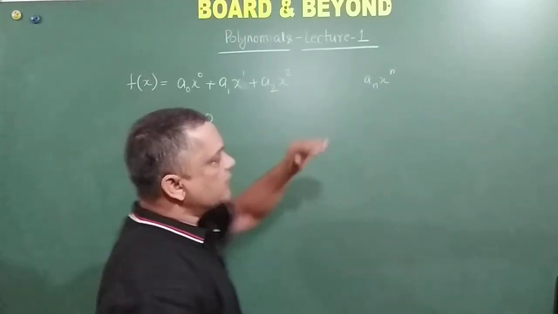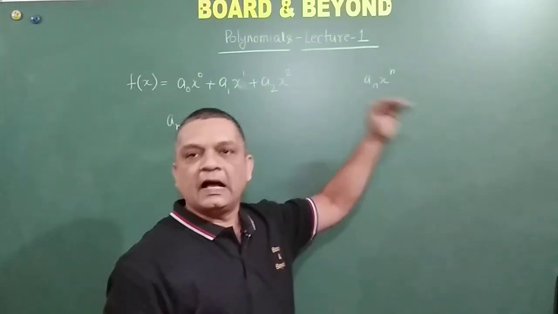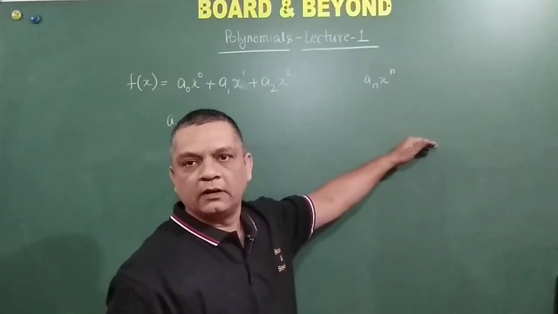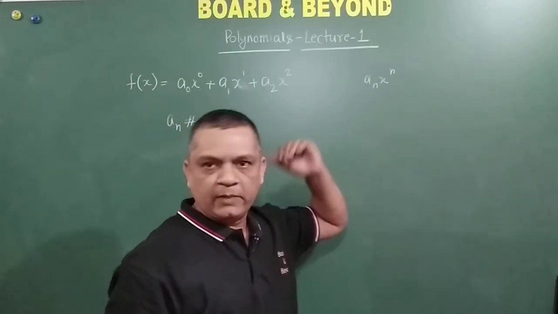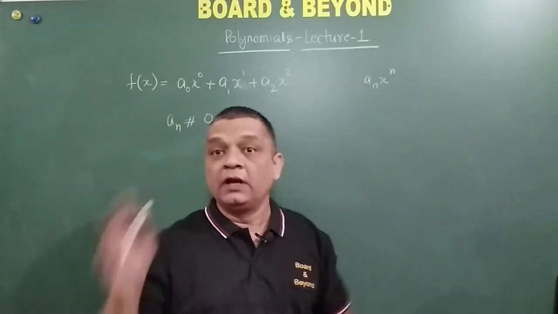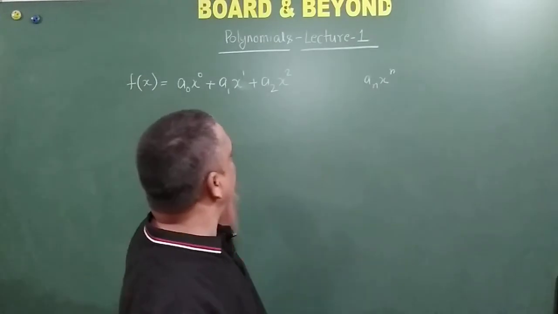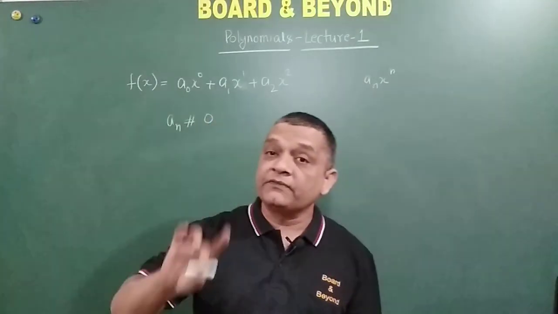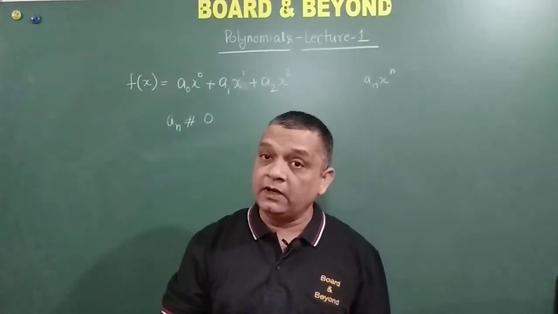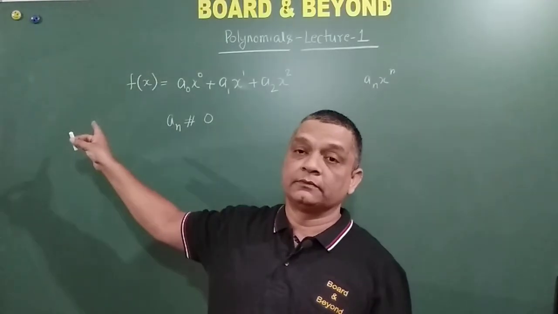That means the coefficient of the last term of the variable. It can be last or it can be first also, you can reverse it also. But let me make you understand. The coefficient of the highest degree of the variable cannot be equal to 0.